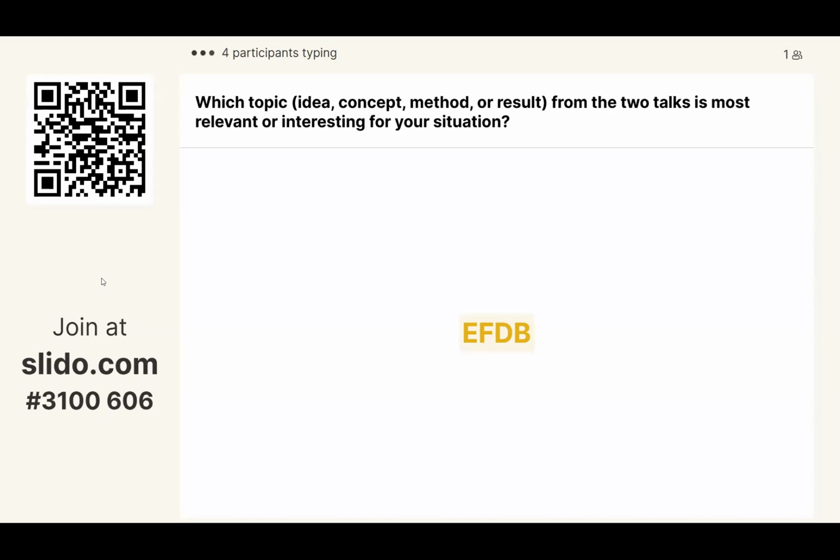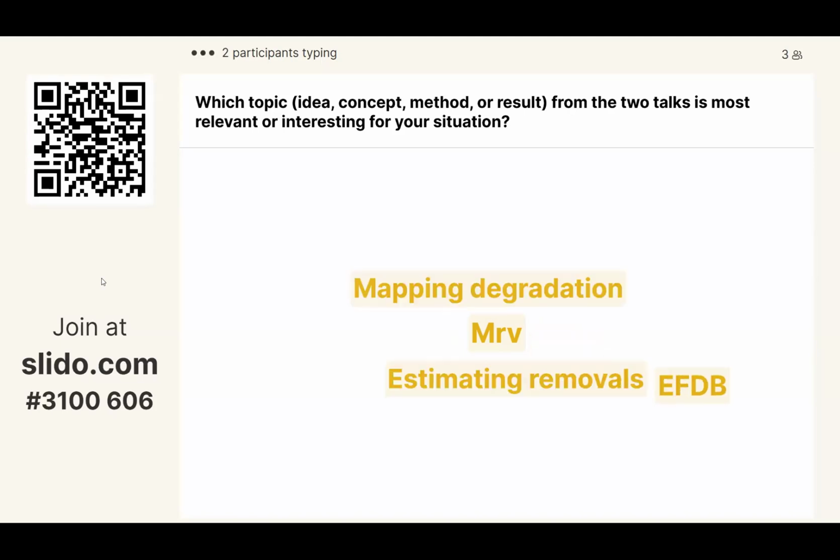Emission factor database. Okay, great. MRV, more MRVs needed. Mapping degradation, yes. Estimating removals. Great.